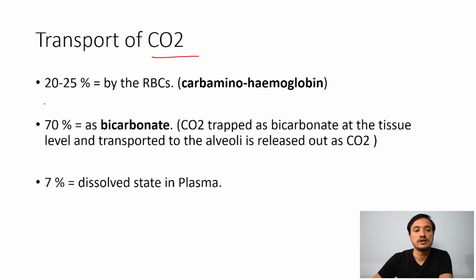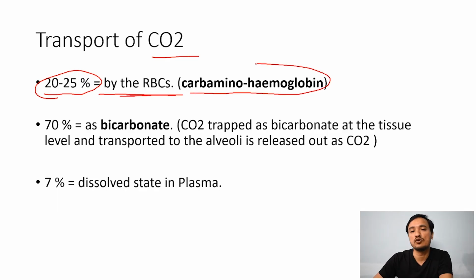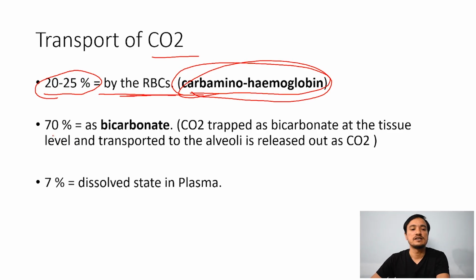Similarly, CO2: only 20 to 25% by the RBC, as carbaminohemoglobin. This is the compound which is formed by the CO2 and the hemoglobin, carbaminohemoglobin, that we are going to see later on. And 70% of the CO2 is transported as bicarbonate.